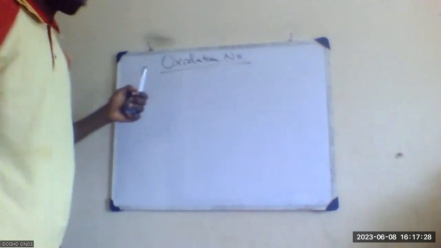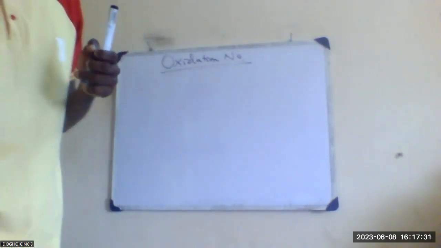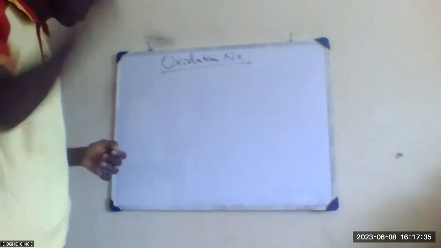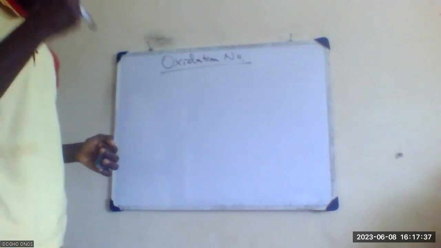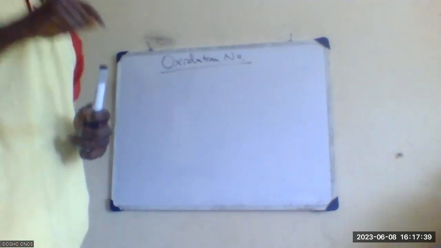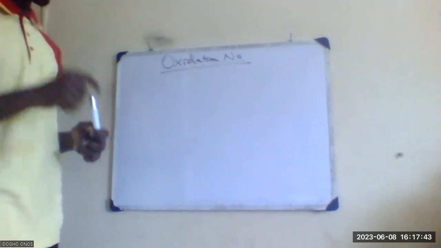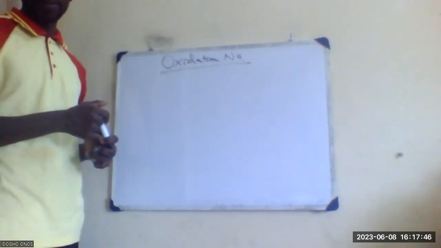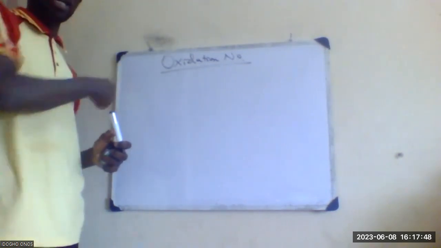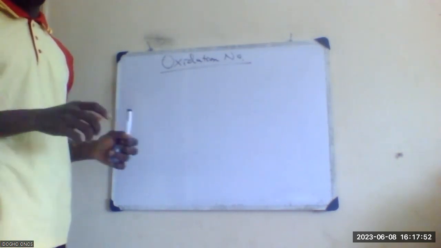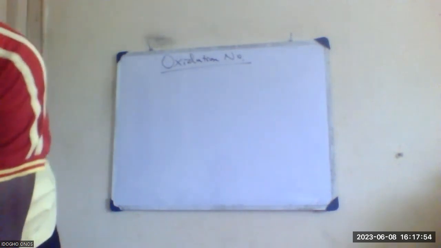Then oxidation number of oxygen is always -2, with the exception of peroxides. Say, for example, in hydrogen peroxide, the oxidation number of oxygen there will not be -2. Can I move on now?